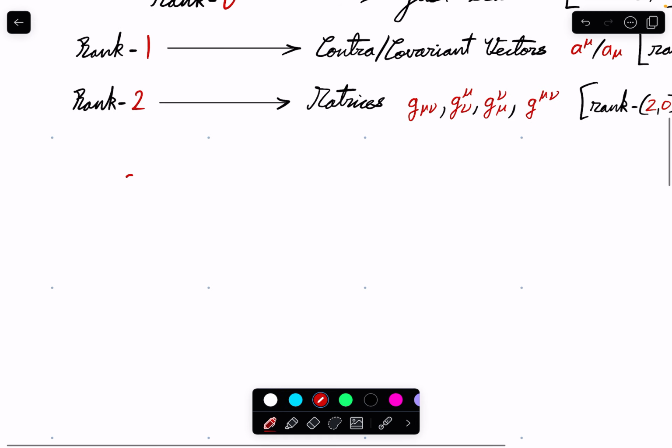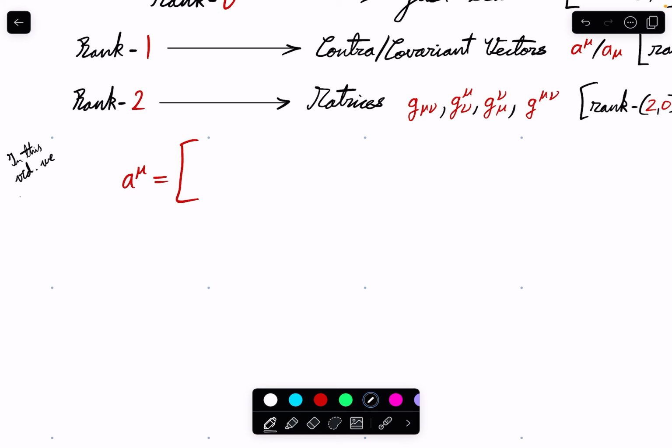And the way that a contravariant vector is kind of defined is as a column matrix. So in this video, we use 1 plus 2D spacetime.